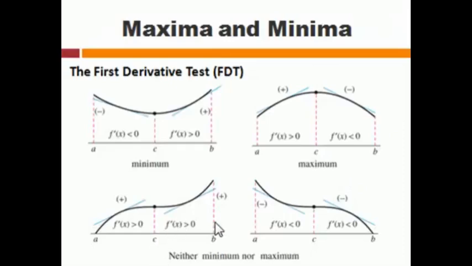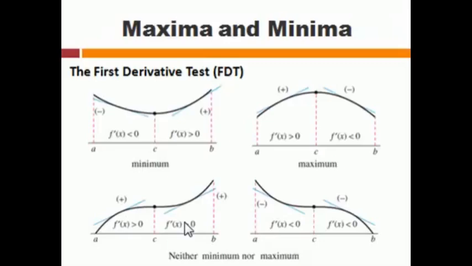For these two examples, if the tangent line or the slope f prime x is greater than 0, or it is positive, and after the interval the sign of your slope is still positive, then it is neither maximum nor minimum, because the sign of f prime x did not change.